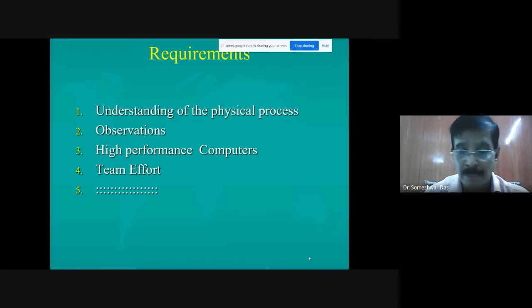Now, the number one requirement is that we should have a good understanding of the physical processes that occur in the atmosphere. Number two is we should have good observations of the system that we want to simulate and visualize. Number three, we should have a very good, powerful computer, because such simulations require really very, very powerful computers.